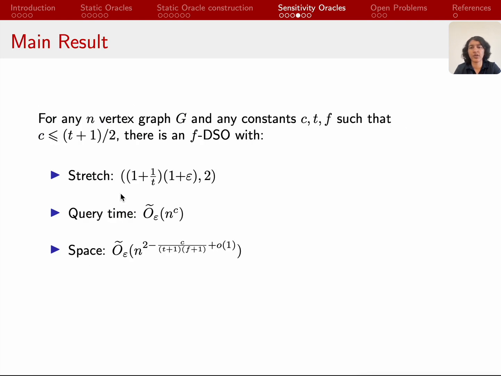So for any constant c, integer t, and sensitivity f, we show that it's possible to obtain an FDSO whose stretch is (1 + 1/t)(1 + epsilon), 2. Query time is n^c, and space is subquadratic in n. And the constraint on c and t is that c should be bounded by (t + 1)/2.